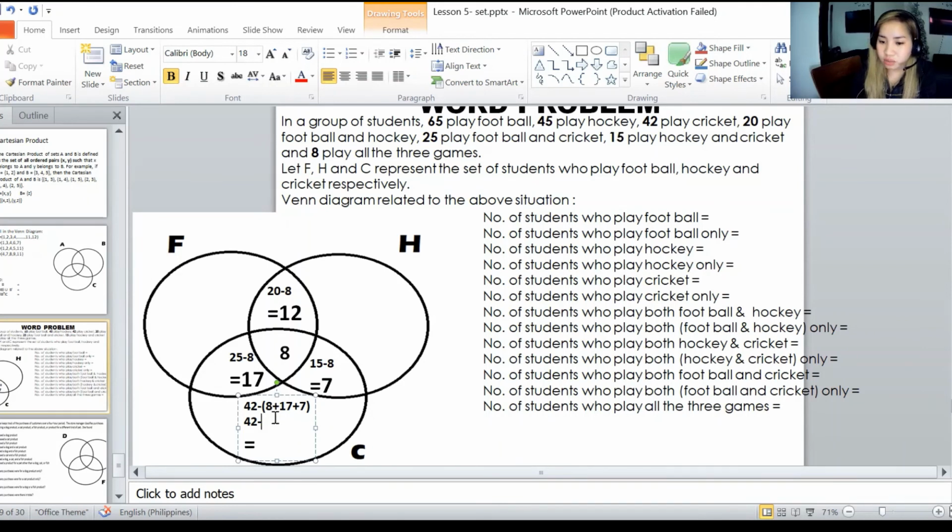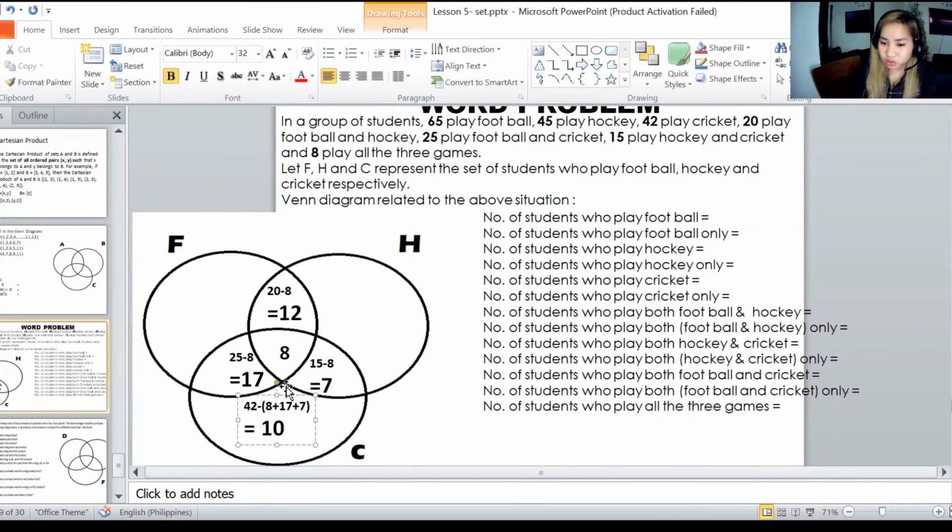Again, 8 plus 17 plus 7 is equal to 32. Then you subtract that from 42, so the answer is 10. So we have 10 who play cricket only.